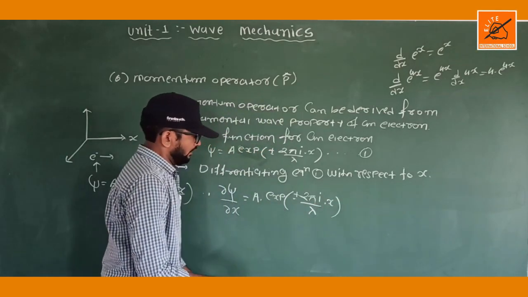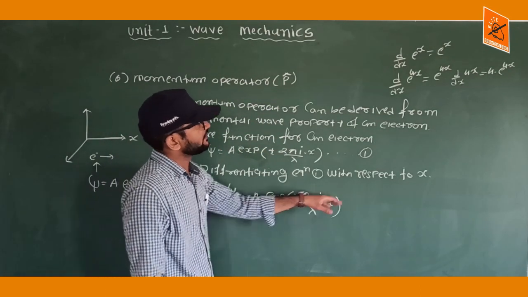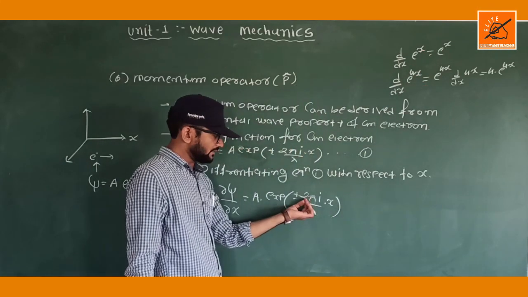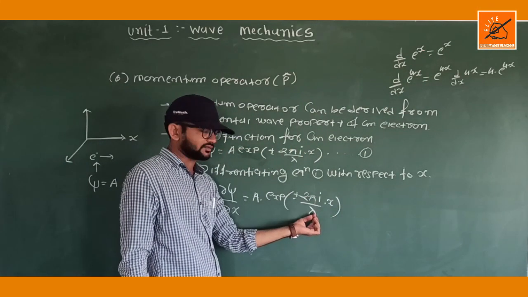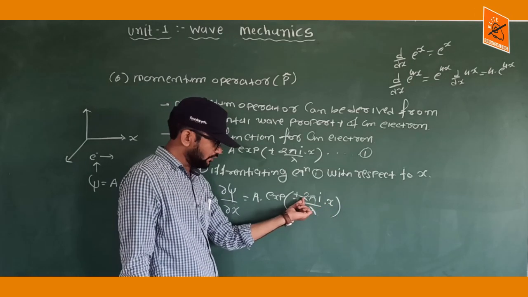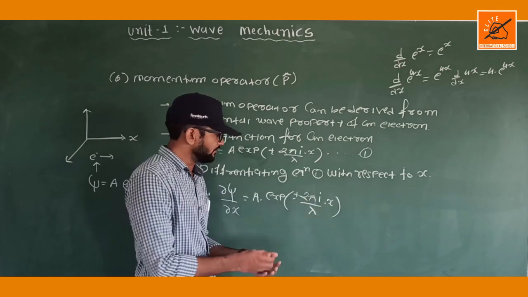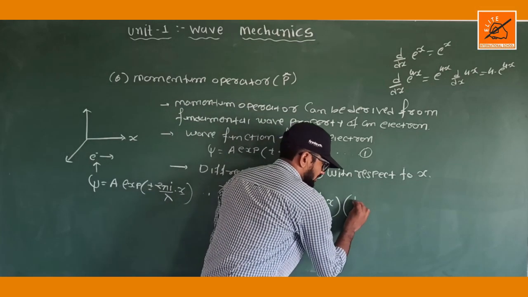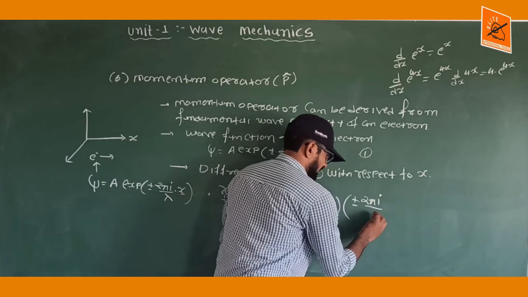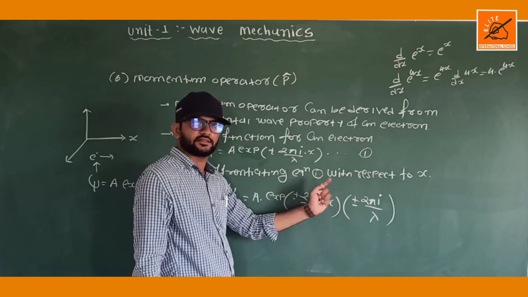Now the differentiation of the power also, because here the power is not exactly x. Plus or minus 2 pi i upon lambda is constant and x is variable. So differentiation of 2 pi i upon lambda into x is equal to plus or minus 2 pi i upon lambda, since d by dx of x is equal to 1.